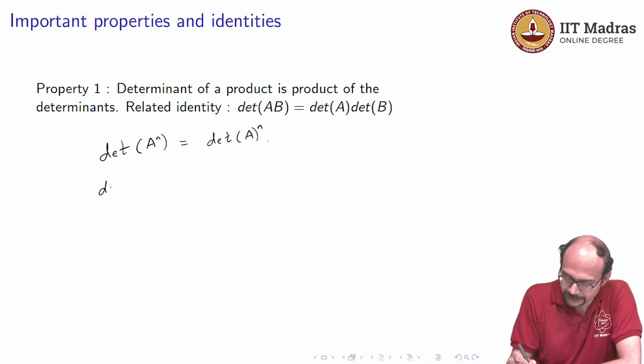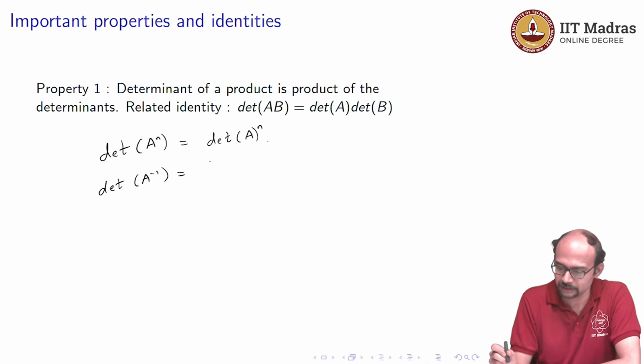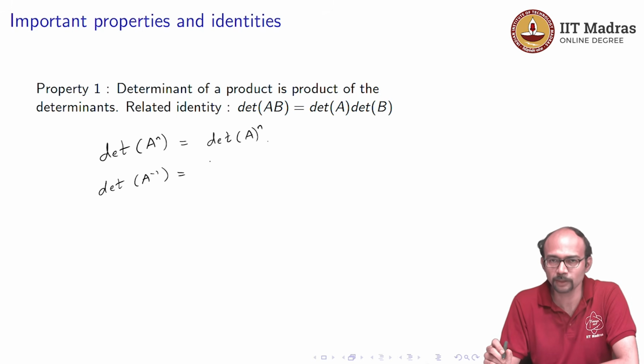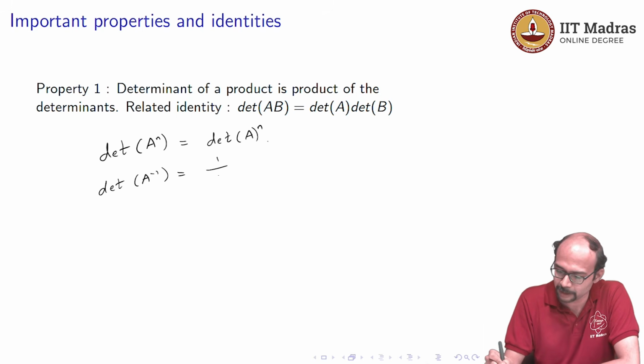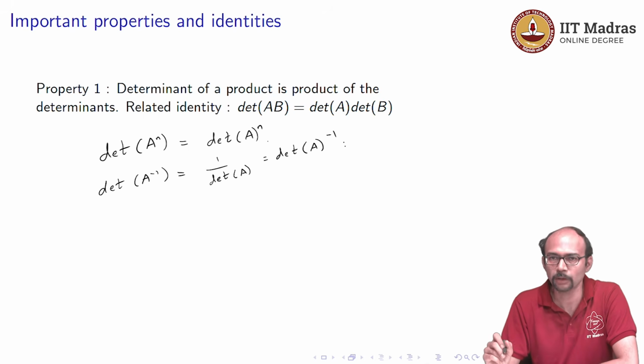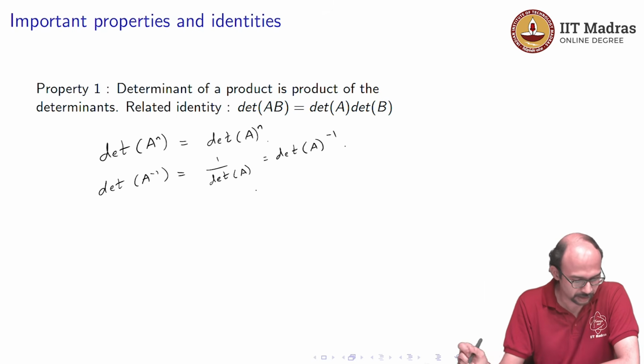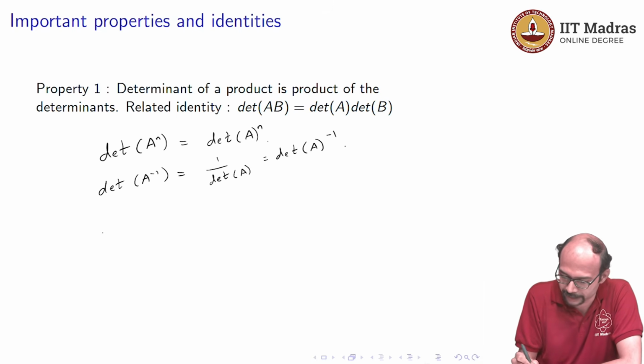Okay, the second thing that you get out of this identity is, if you take the determinant of the inverse, then that's just the reciprocal of the determinant of A. Okay, so I can write this in more fancy language as determinant of A to the power minus 1, right? So the proof of this is exactly the same as we did for the 2 by 2 and 3 by 3 case, so I'll suggest that you go back and look at it.